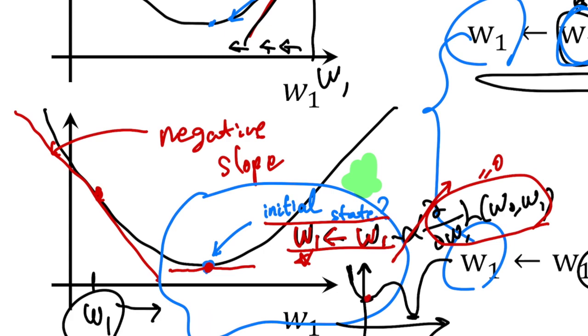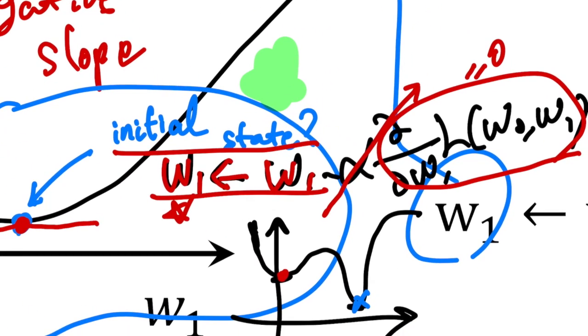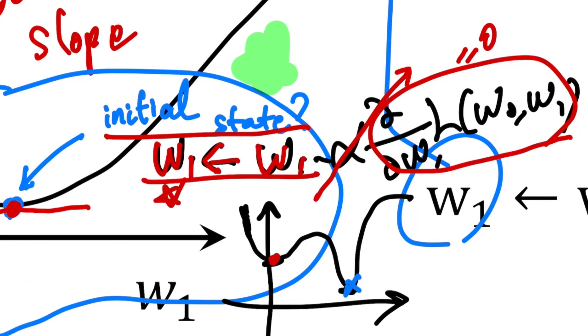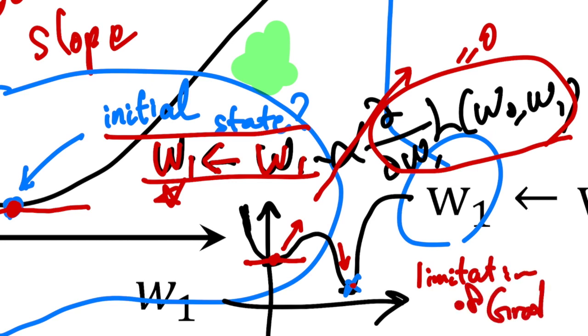If we just start from here, but your optimal values are here, right? Then if we just use the gradient descent algorithm and start from here, we don't have any way to go uphill and downhill here. So this is the limitation of the gradient descent.